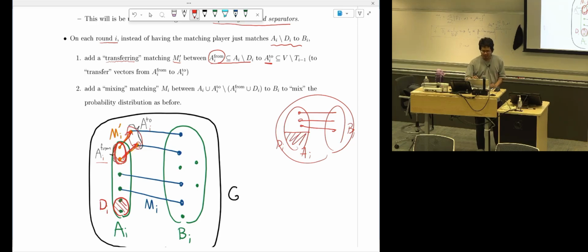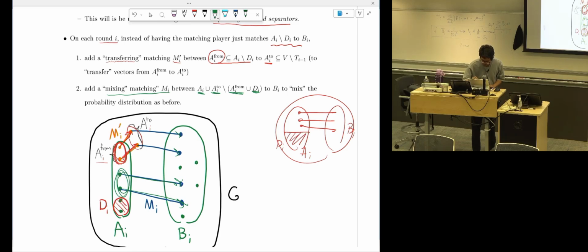And now what happens next is we just add the standard matching that we have been doing so far, the matching for mixing probability. So we're just going to add a matching between this part and this part to B_i. So it's A_i when you remove the deletion part and the from part, and you add the two parts.